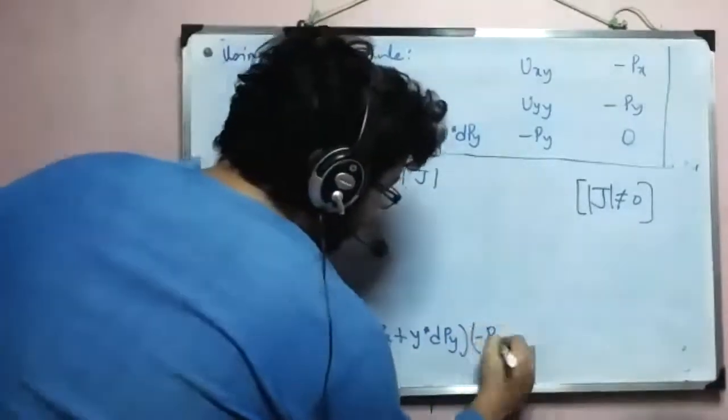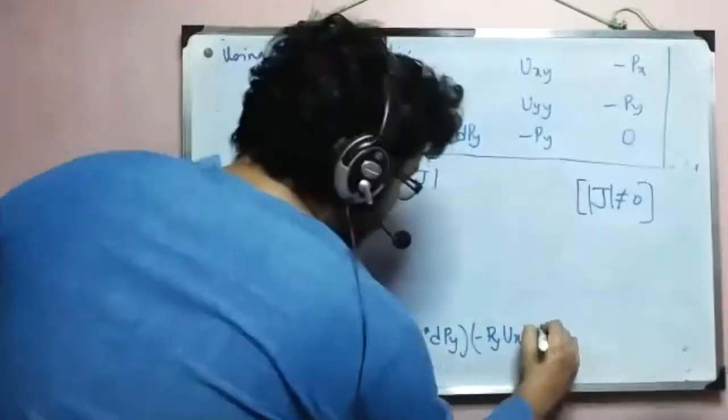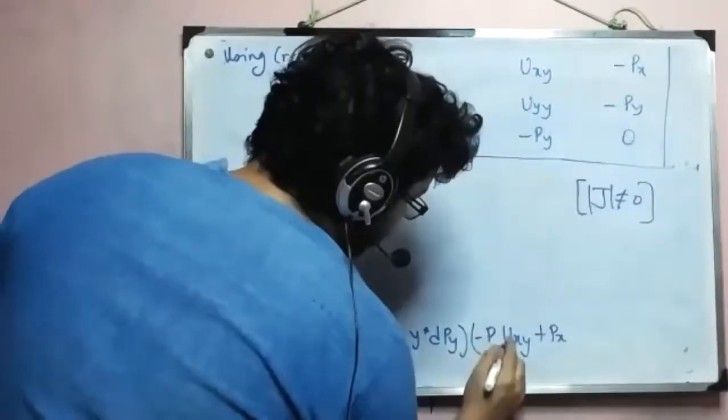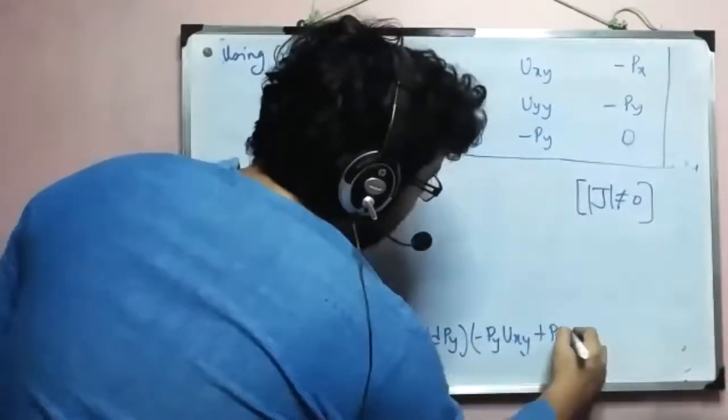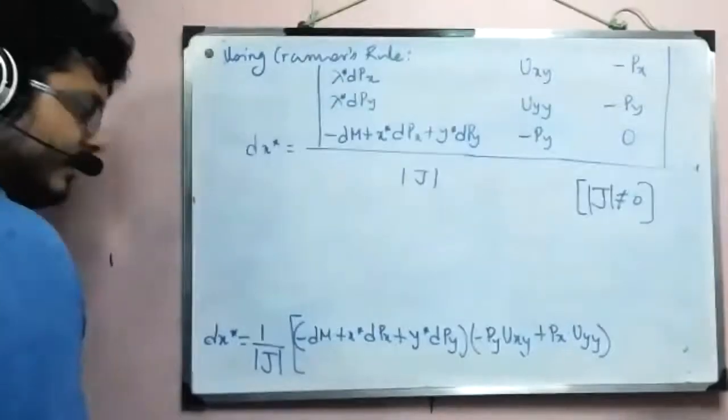So minus py uxy plus px uyy, right? Okay.